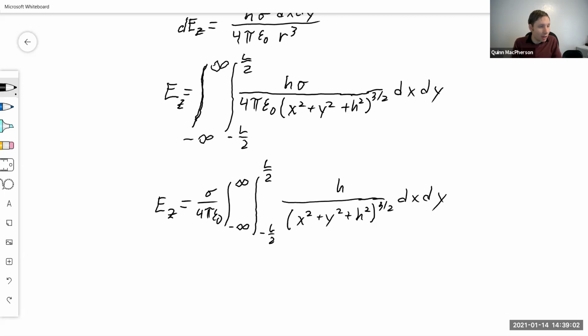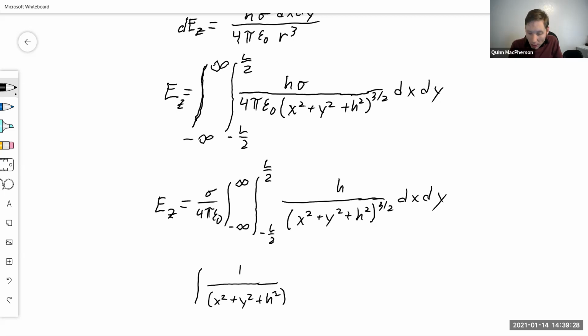Okay, for this particular integral, I've already looked it up. I used MathCAD specifically. So when I looked it up, I found that the integral of, let's see, how did I write this? The integral of 1 over x squared plus y squared plus h squared.